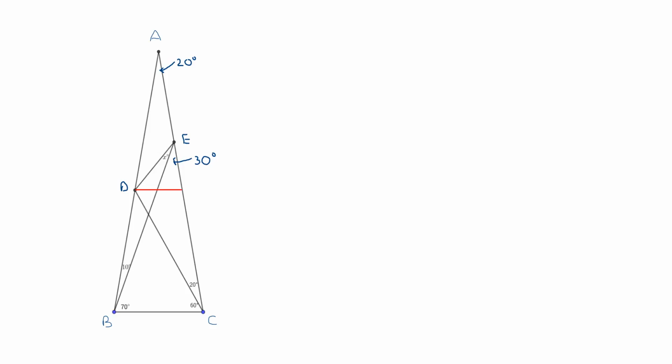This can be called point F. So we've got a point F here now. And the next thing I'm going to do is I'm going to join point F to point B. So there we go. Point F joins up to point B.